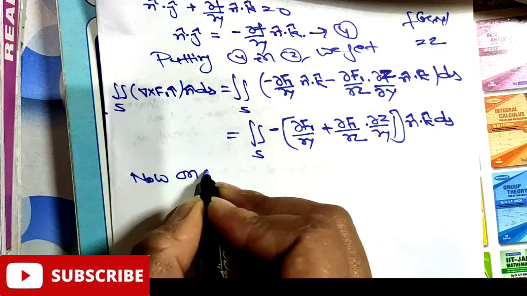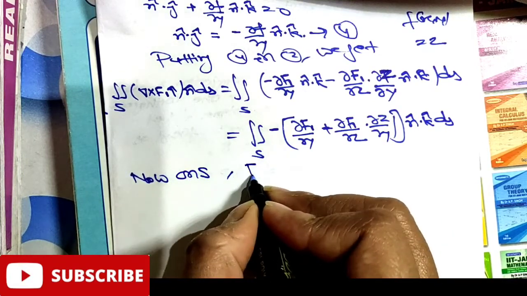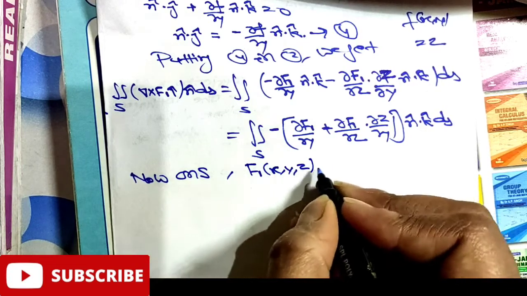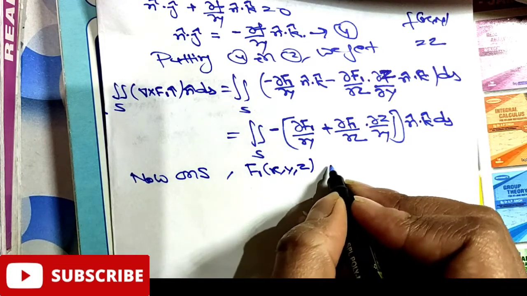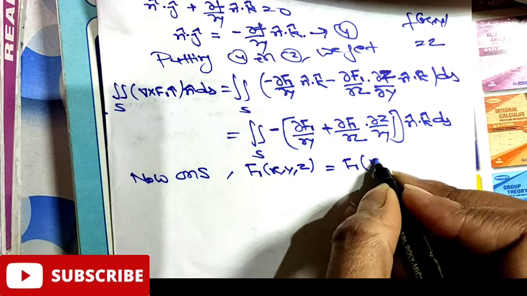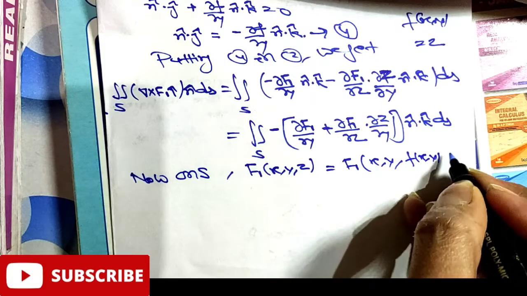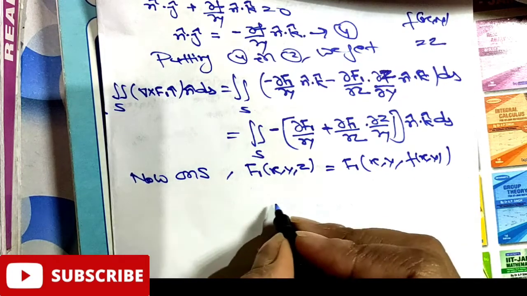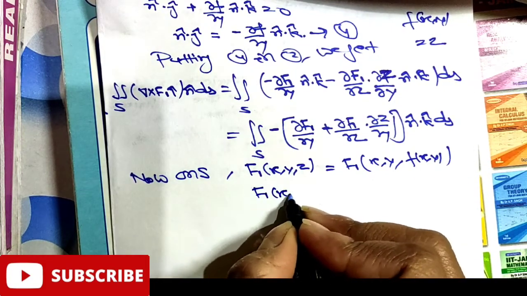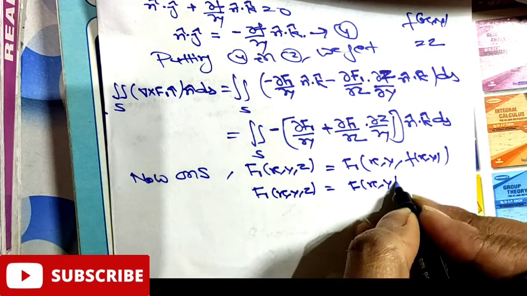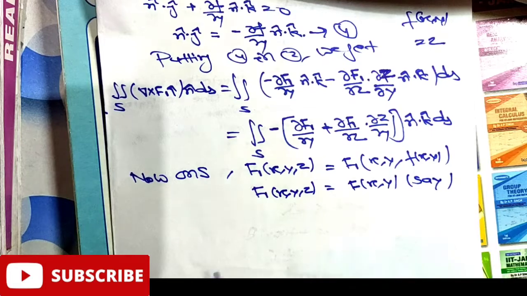Now on capital surface S, we are going to consider function f1(x,y,z). This is a function of x, y, z. This can also be written as a function of x and y. In place of z we can write f(x,y). I already made you understand. So we can simply say capital F(x,y).